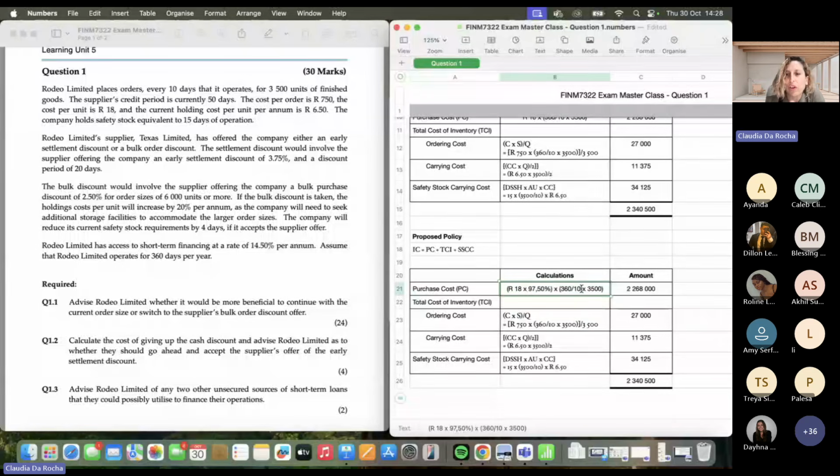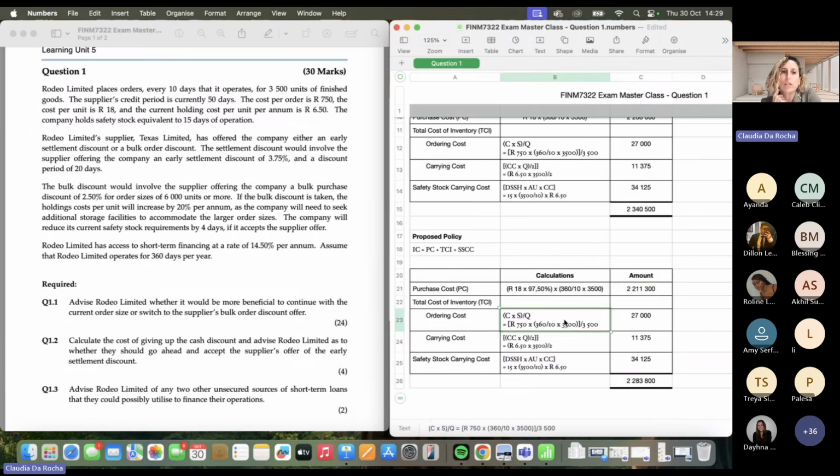We're still going for 360 days in a year, still doing 10 days, and we still have 3,500. That all stays the same. When we update this formula, we get 2,211,300.